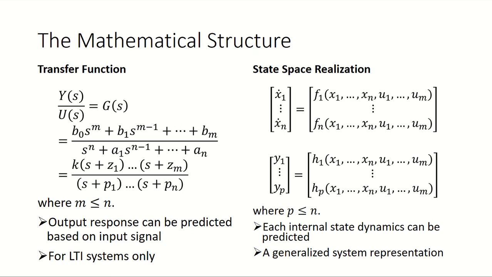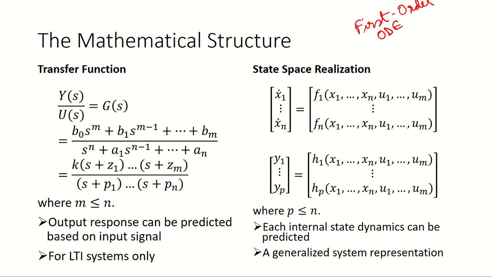These are the first order ODEs, ordinary differential equations. Though the system is of nth order, each state is modeled with its first order ODE. So the dynamics of the states are modeled in first order ODEs. This is something important to note.